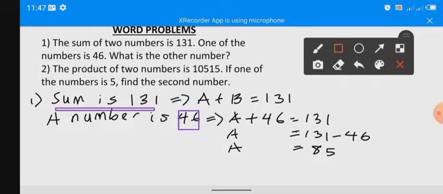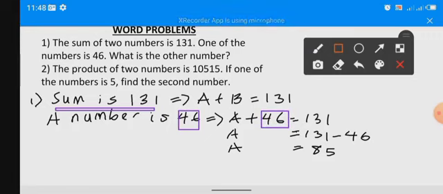So what we are going to do here is we substitute. We replace one of the numbers, either a or b. It's addition, right? So replace either a or b with 46. So there are two numbers and we know one of the numbers. So one of the numbers is 46. So we now replace the b with 46. You get it? So that's it.